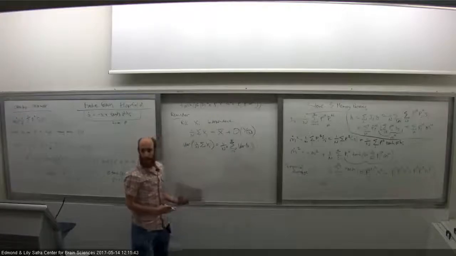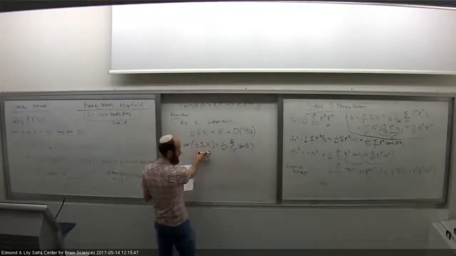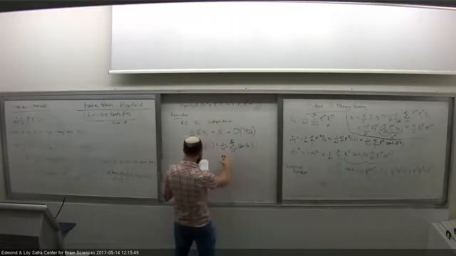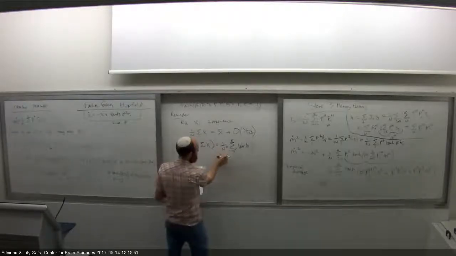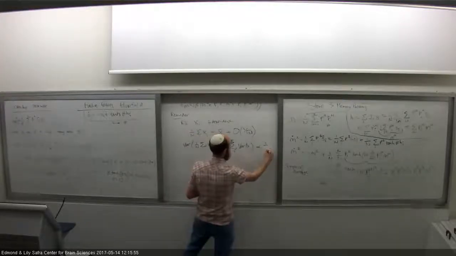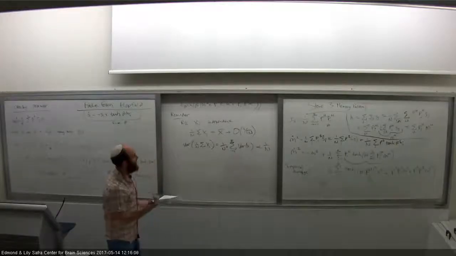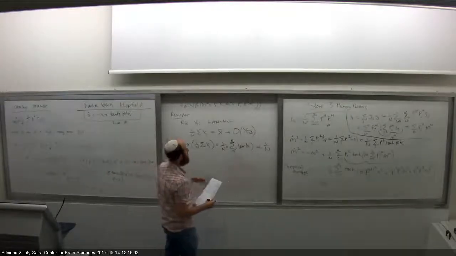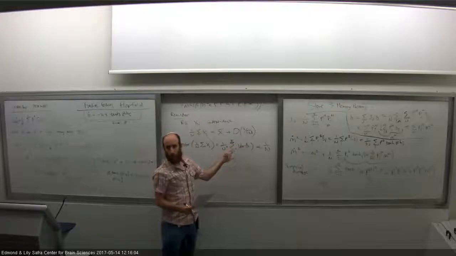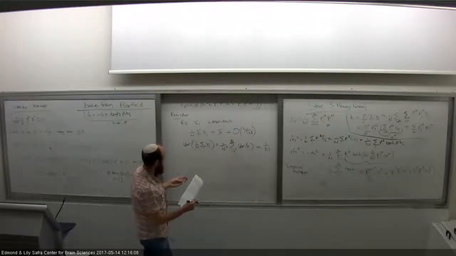So as long as the xi's have finite order 1 variance, the variance of the empirical average is 1 over n squared times the sum of n terms that are order 1. So the variance is 1 over n, and therefore the standard deviation, the typical value, is 1 over square root of n. So the typical deviation is 1 over square root of n, and that's going to be important to us.